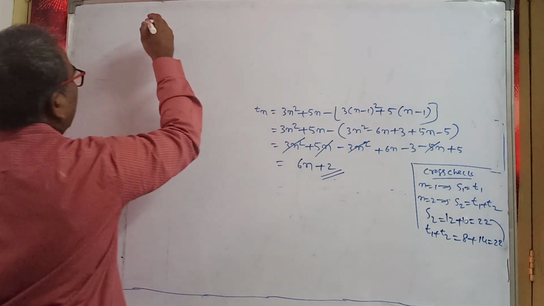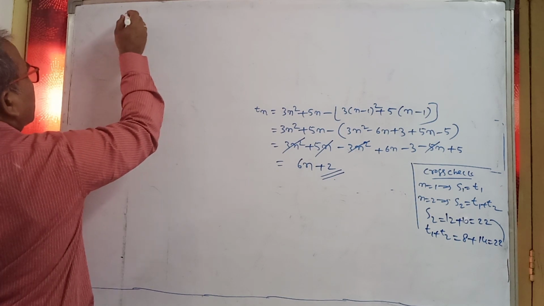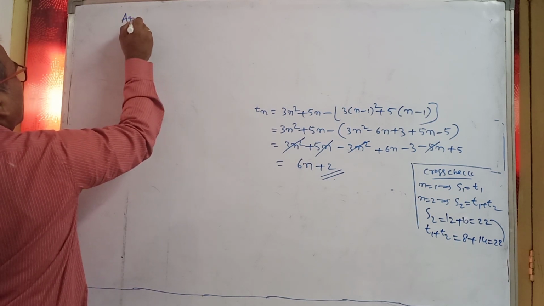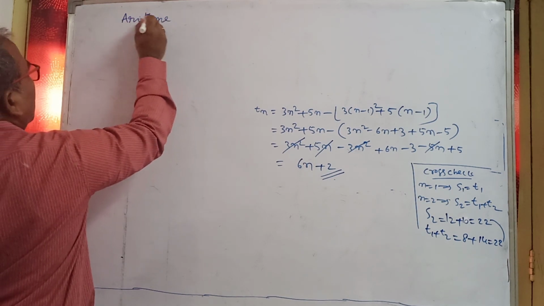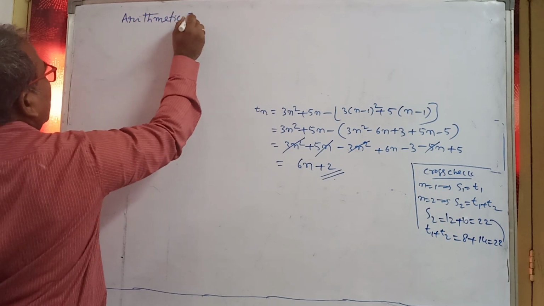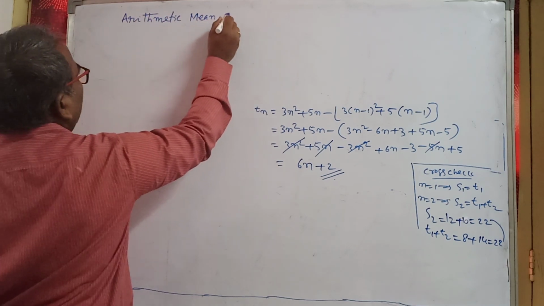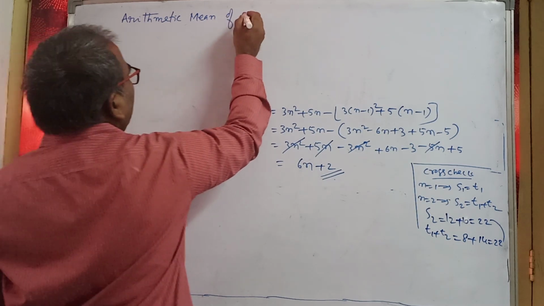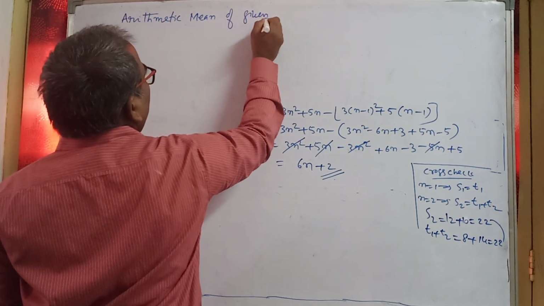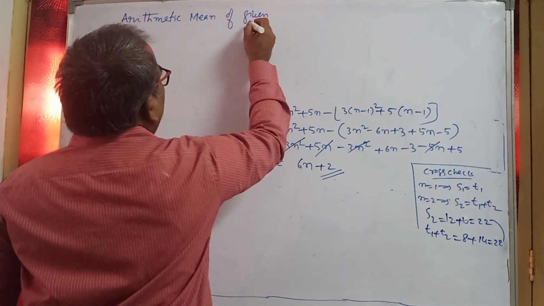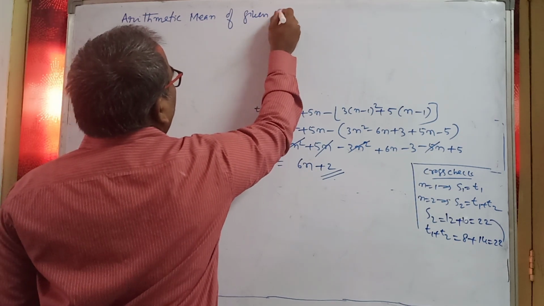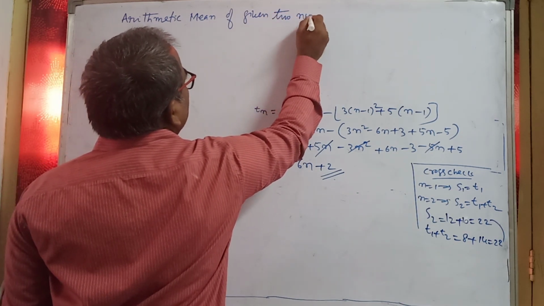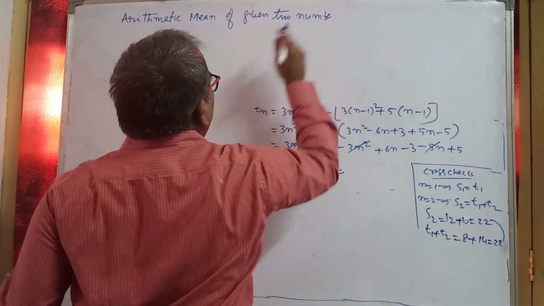Now arithmetic mean. Arithmetic mean of given two numbers. First let us see two real numbers.